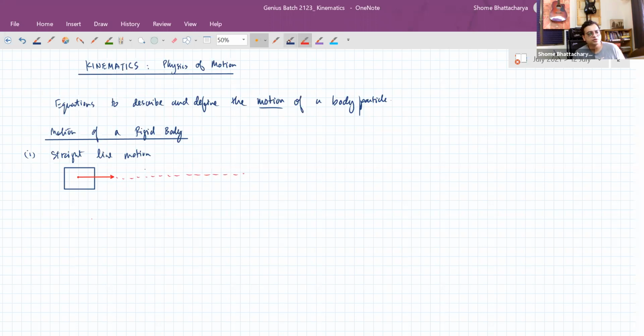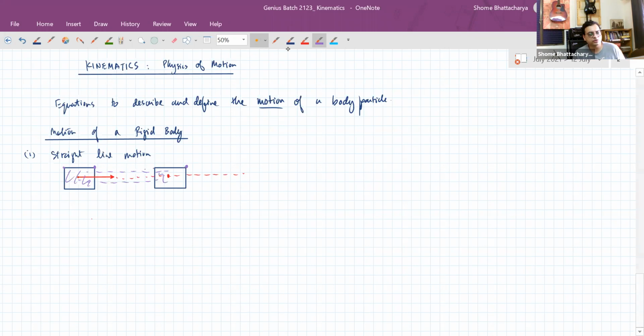Now you'll see that because the body is not rotating, not only the central point or the center of mass is describing a straight line path, but any other point in the body is also describing that same straight line path. So if after some time the center of mass has moved from here to here, that means this corner point has also moved from here to here. This corner point has also moved from here to here. So all the particles which are part of the rigid body are all describing a straight line path.